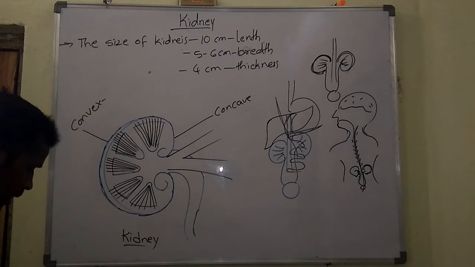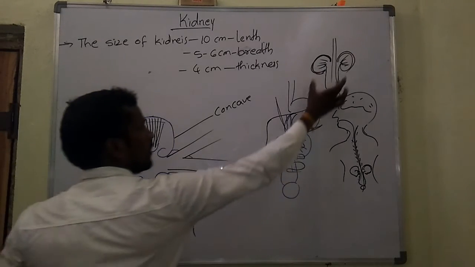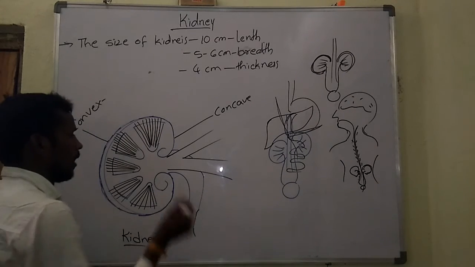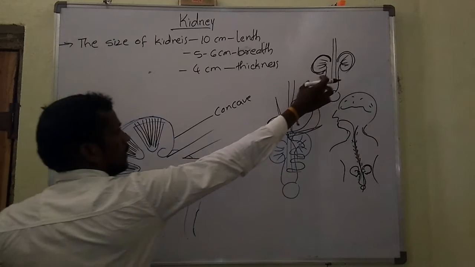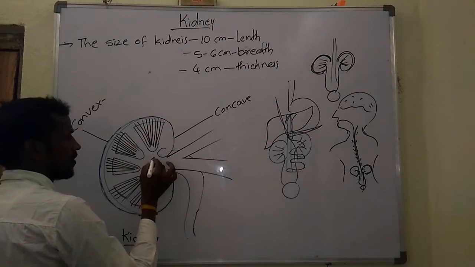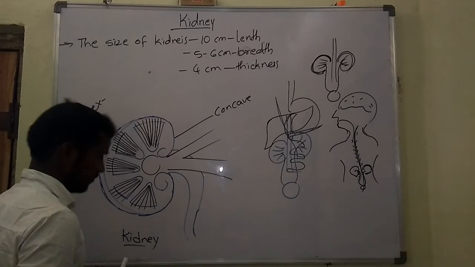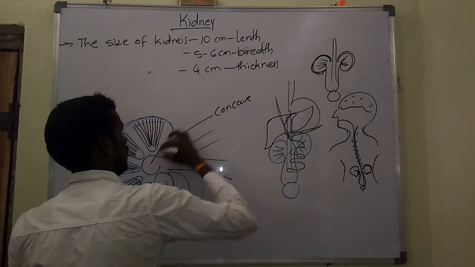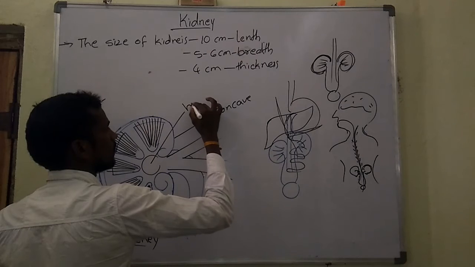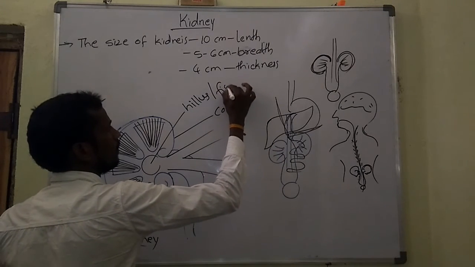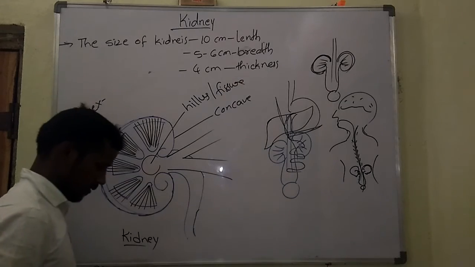Next, each kidney. Look at each kidney's inner side, it has a hilus or fissure. This is the hilus or fissure.